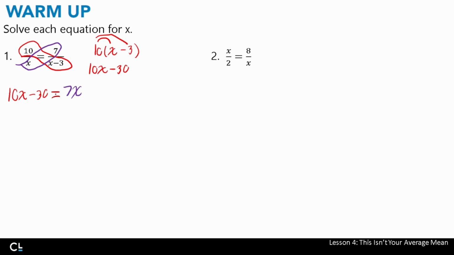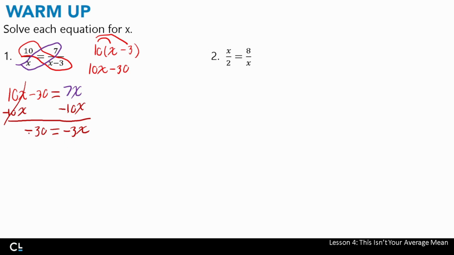And yeah, we're going to have to deal with negatives, but it'll be a shorter problem, less work for us. So we're going to subtract 10x on both sides. And when we do that, they cancel on my left side, and I'm left with a negative 30. Don't forget about that minus sign there. That keeps it a negative 30. And then 7 minus 10 gives me a negative 3x.